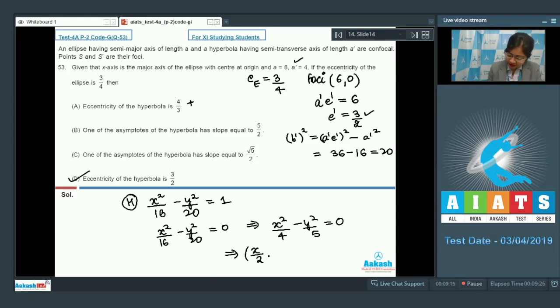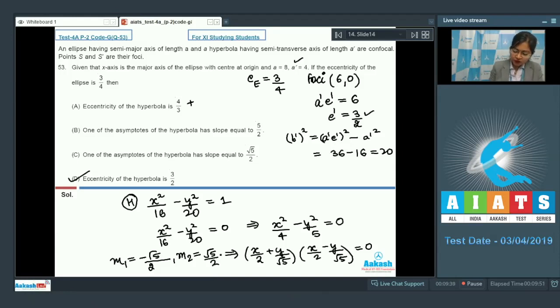So its factors will be x by 2 plus y by root 5 into x by 2 minus y by root 5 equal to 0. Now for the first equation, its slope is minus coefficient of x upon coefficient of y, that is 1 by root 5, and m2, that is for the second line, the slope is root 5 upon 2.